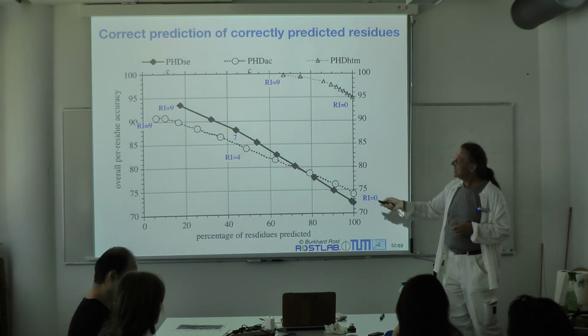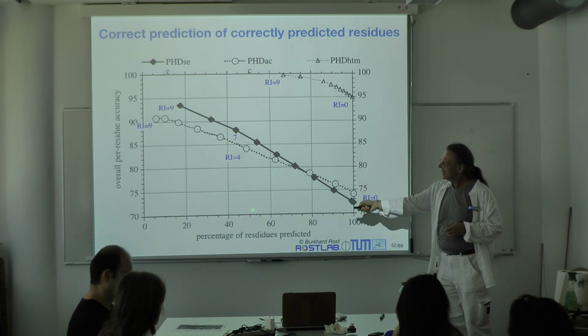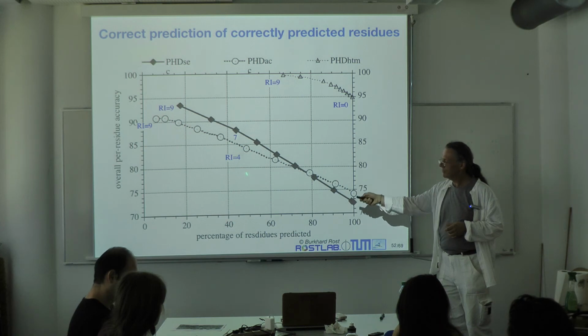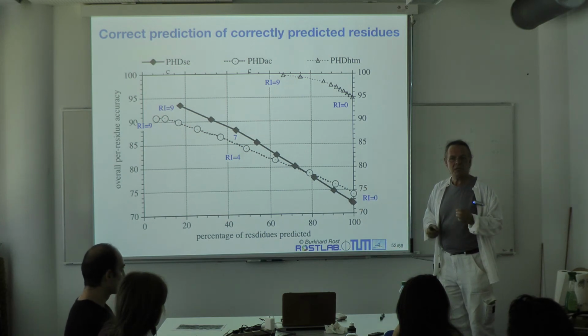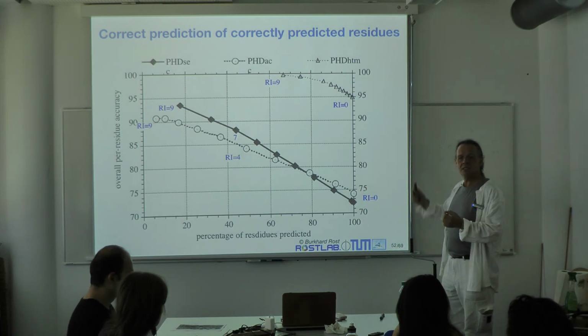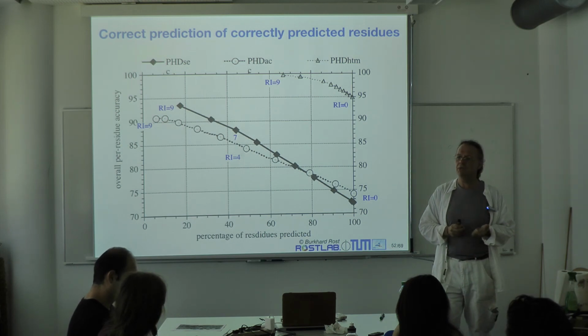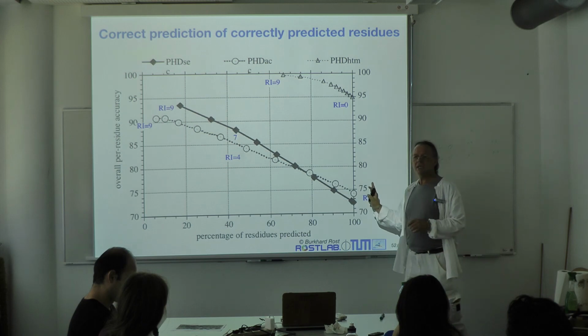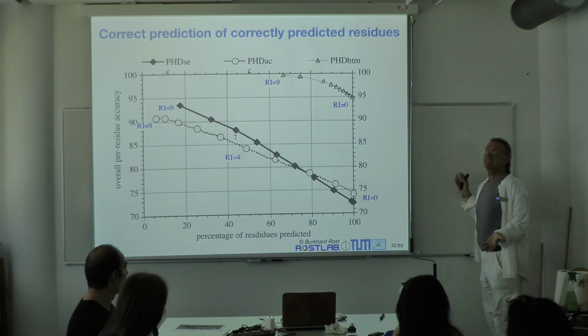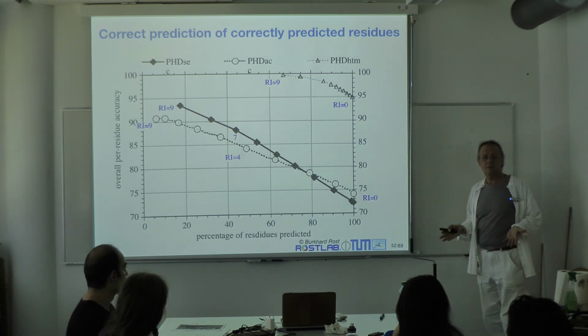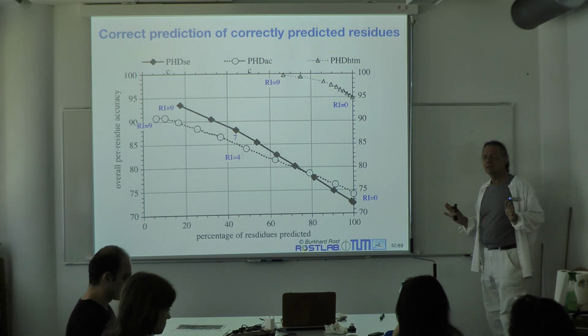then what I do is I look. 4 here is about 50% of all the residues. So that means when I require that the distance is larger than 4, 50% of all the residues are left to predict. All the others on that side here are residues where the difference is less than 4. So I don't predict for those. I'm not predicting either B or E. Just don't predict.